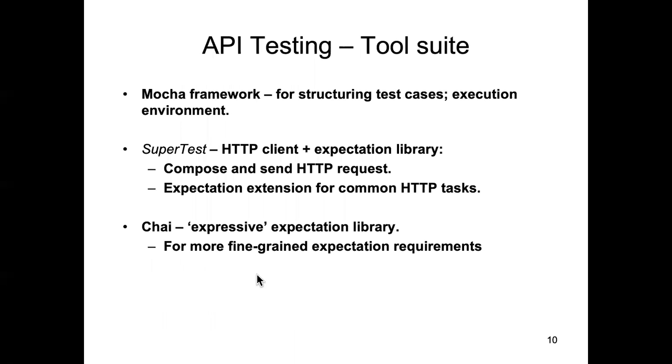Right, so as you have seen, we can still use Mocha for testing asynchronous targets. We can still use Chai for expressing our expectations. Now, in terms of communicating with an actual web API or an actual HTTP target, there are any number of third-party libraries that I could have picked.